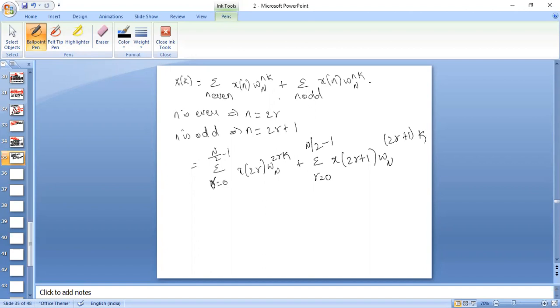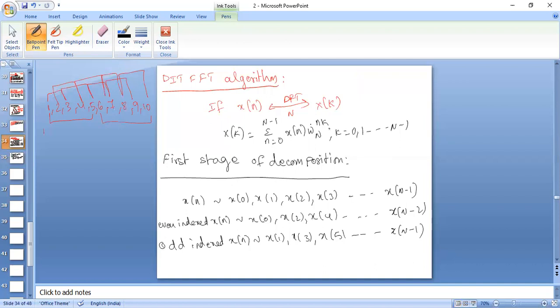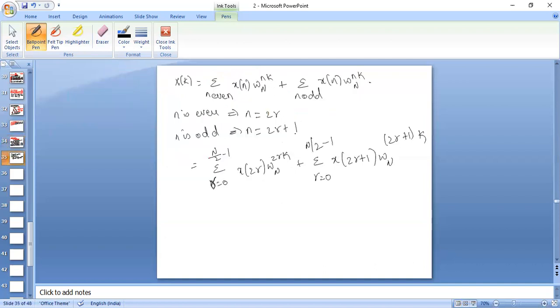The total summation from 0 to n minus 1 has been split into 2 parts, so each is 0 to n by 2 minus 1, right? When n is even we have considered n is equal to 2r, and when n is odd, we have considered n is equal to 2r plus 1. Okay. In this case, k is equal to 0, 1, and so on up to n minus 1, right?